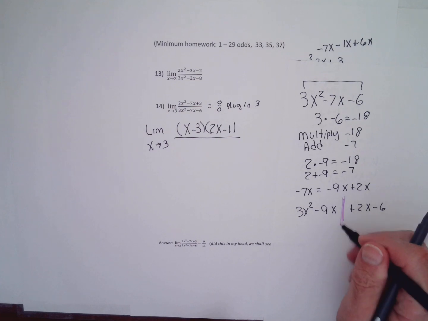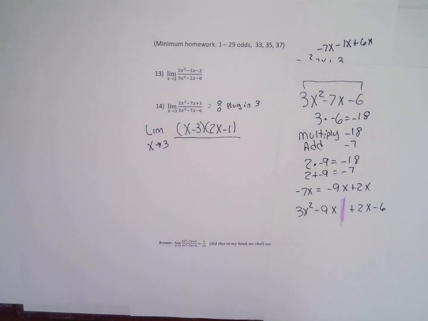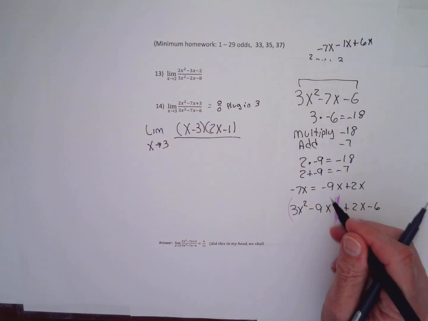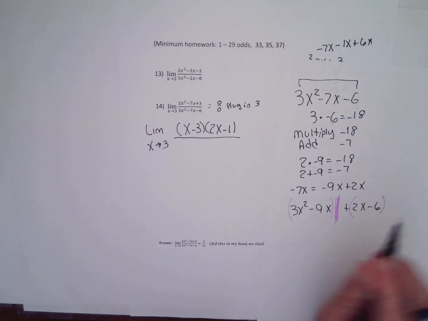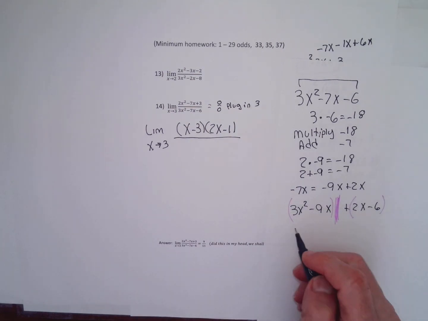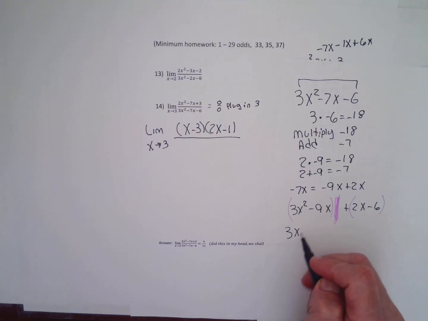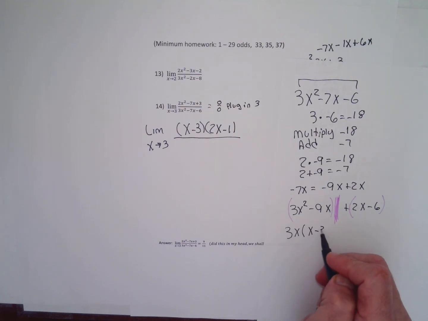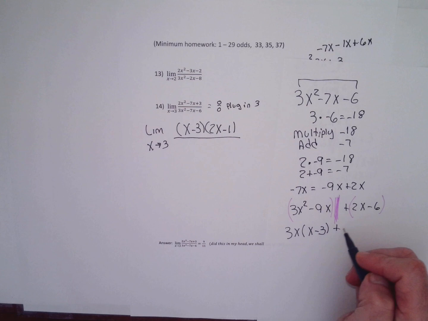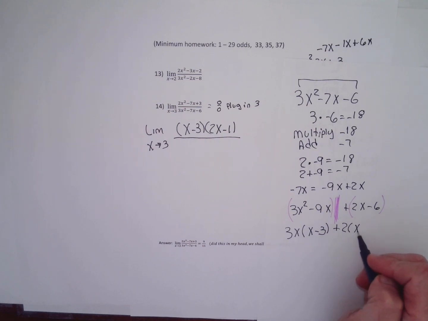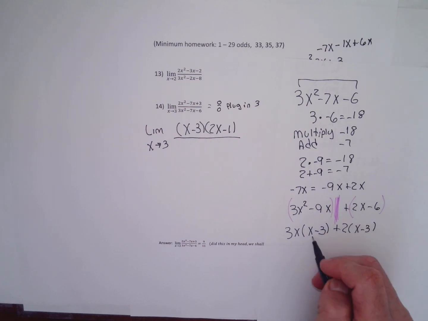You take the problem, you rewrite it as 4 terms, and then you common factor. My first factoring, I'm going to factor out a 3x and be left with an x minus 3. My second factoring, I'm going to factor out a 2 and be left with an x minus 3.